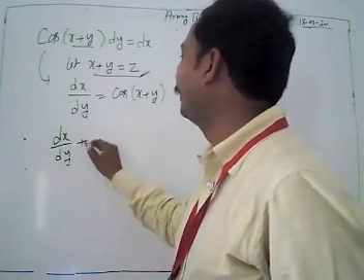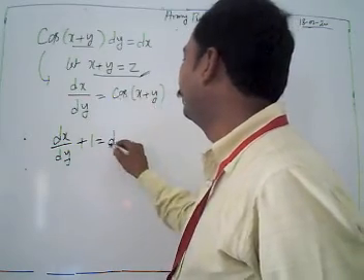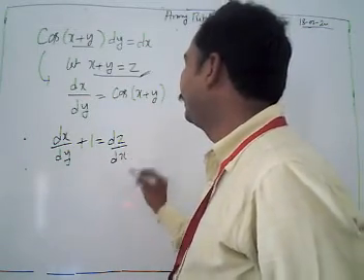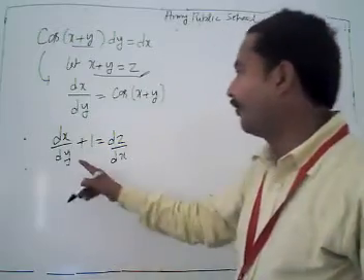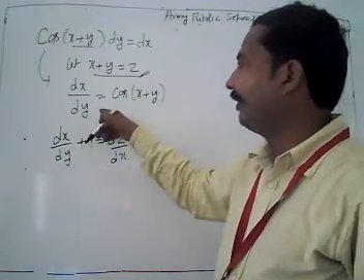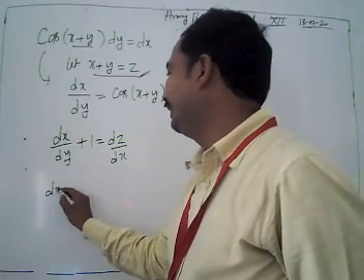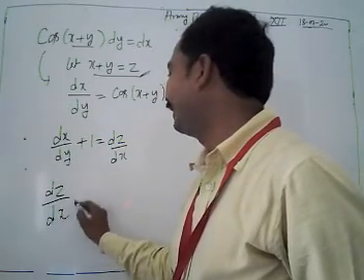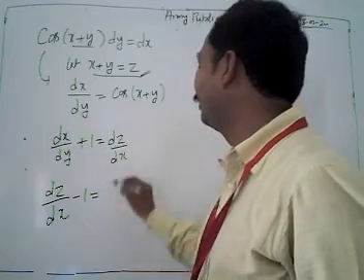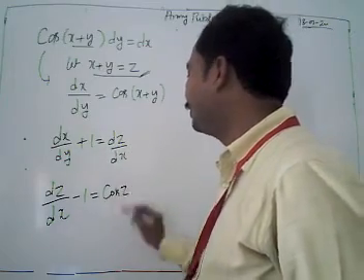Here we get 1 plus dy/dx equal to dz/dx. Now from here we put the value of dy/dx. Then we have dz/dx minus 1 equal to cos z.